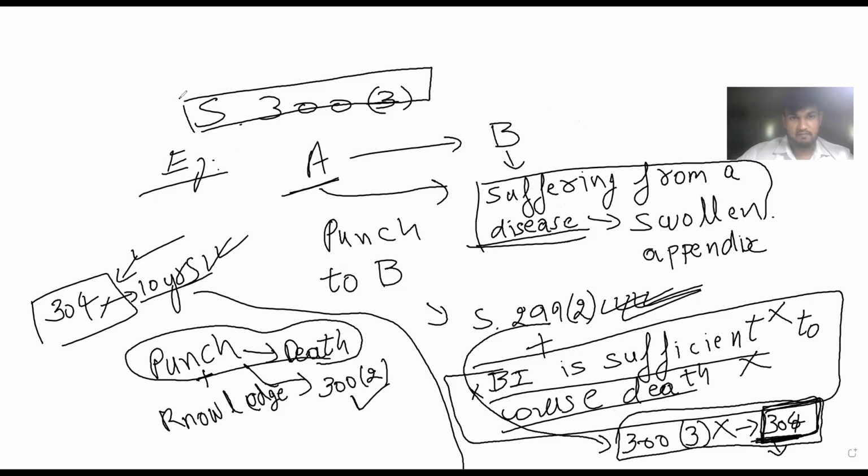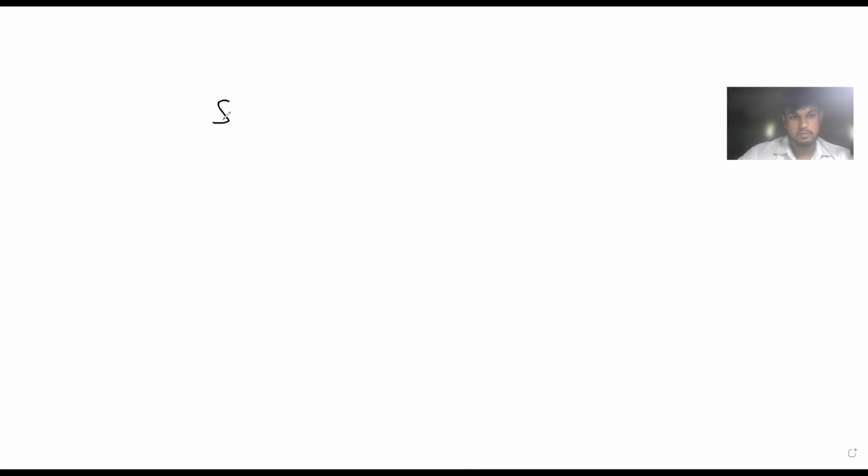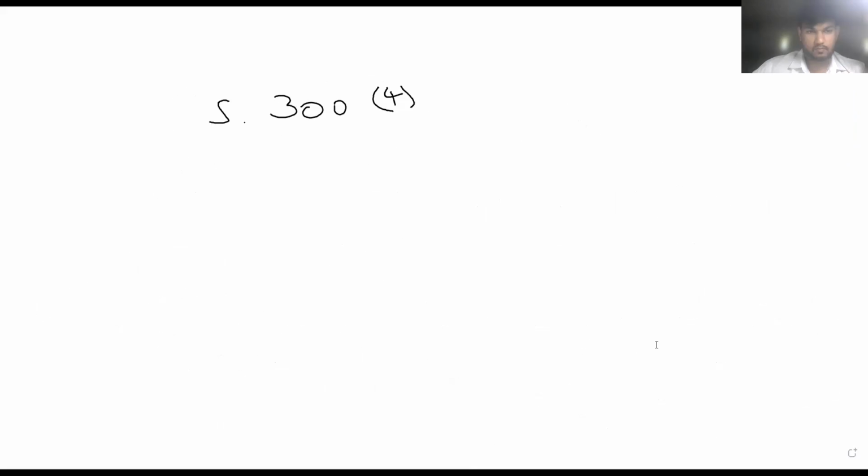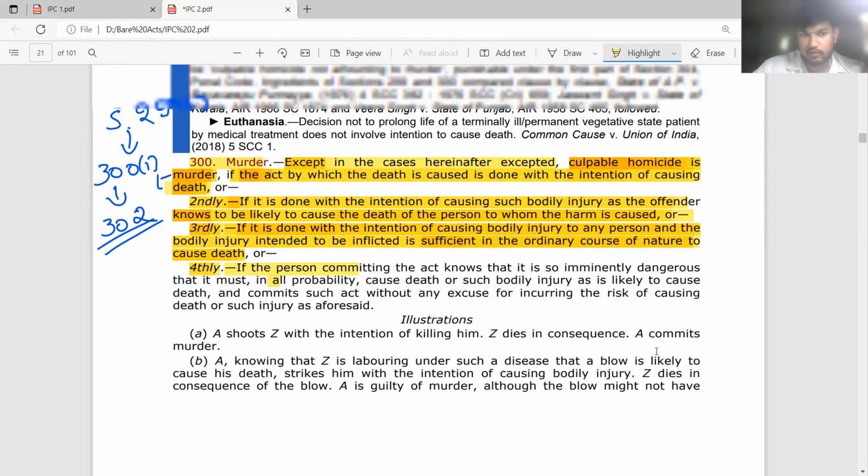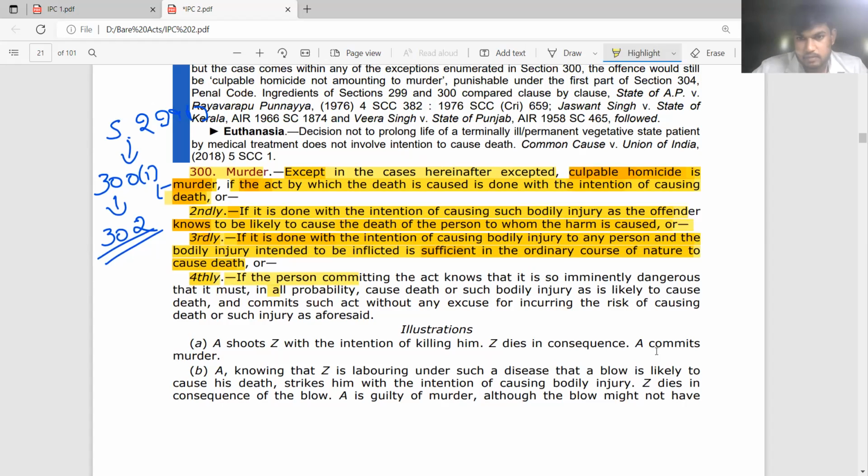Okay, now we are done with section 303. Now let's come to section 304. Let's see what it says. Look, section 300, fourthly, it talks about if the person... whenever you read a Act, always try to read it like this.